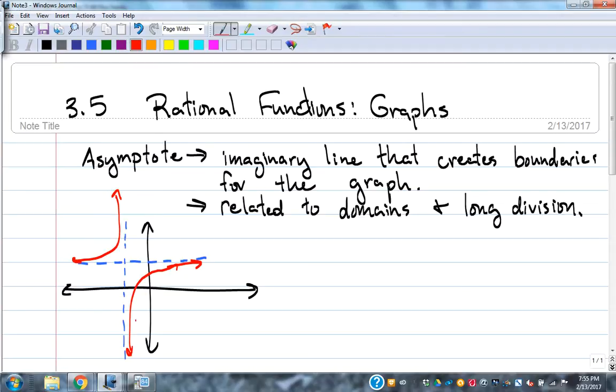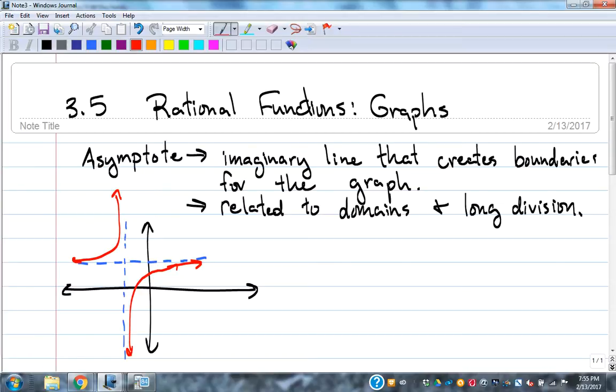The red part is the actual graph. The blue lines are your asymptotes, the vertical one and the horizontal one. There's slanted ones. We'll talk about those tonight as well. But that's what an asymptote does. It creates like the walls that the graph is going to follow.